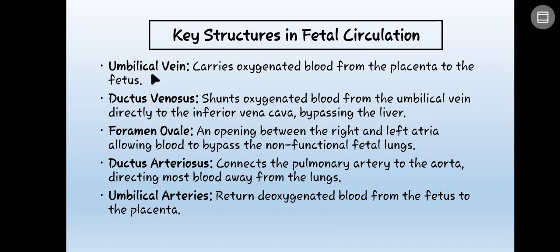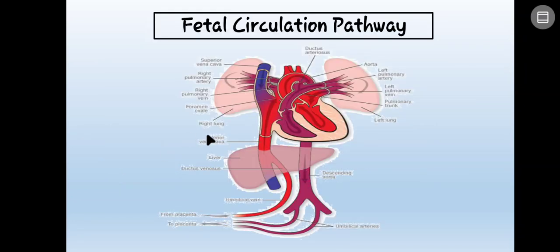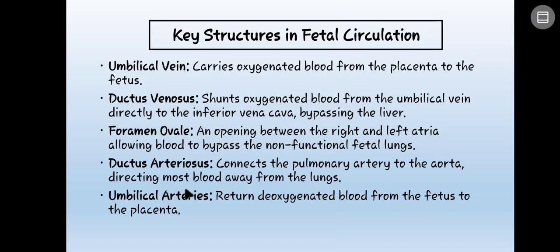So the umbilical vein carries oxygenated blood from the placenta to the fetus. The ductus venosus shunts the oxygenated blood from the umbilical vein directly to join the inferior vena cava. Then the foramen ovale is an opening between the right and left atrium, allowing blood to bypass the non-functional fetal lungs.